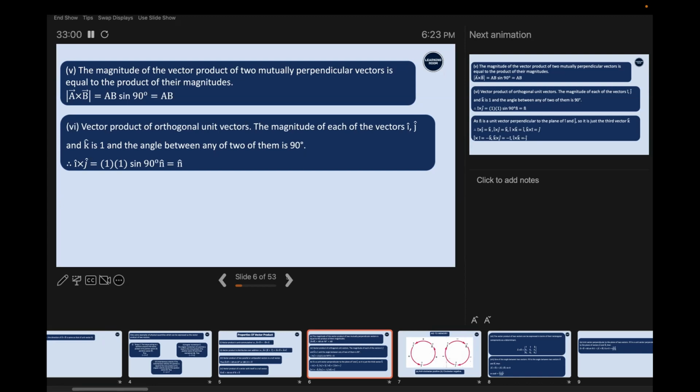Magnitude of J cap, which is 1. Sine of the angle between I and J, 90, and what is it that you have extra? N cap. Right? So 1 into 1 into sine 90 is 1 times n cap, and that is going to give you n cap.